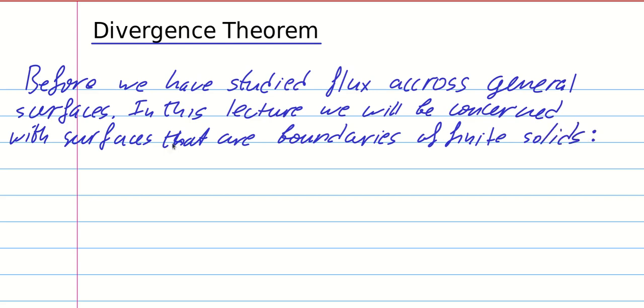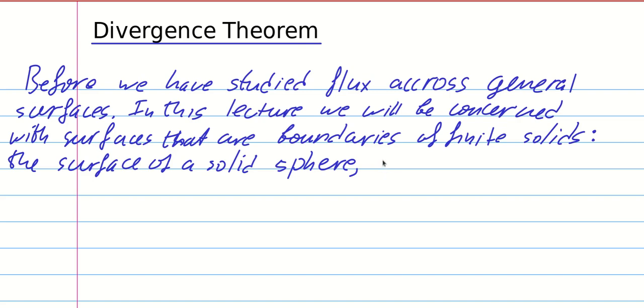So what would be the examples? The surface of a solid sphere, surface of the solid cube, I said cube, but maybe box is a better word, of a solid box.